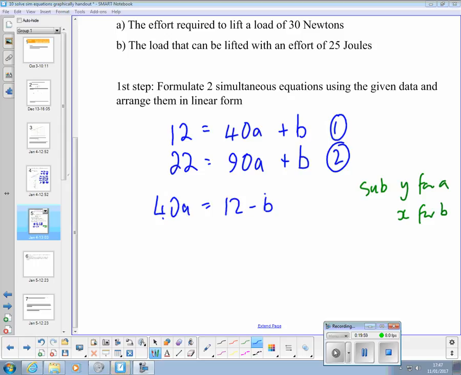Then divide by 40. A is equal to minus B over 40 plus 12 over 40. Do you agree with that?